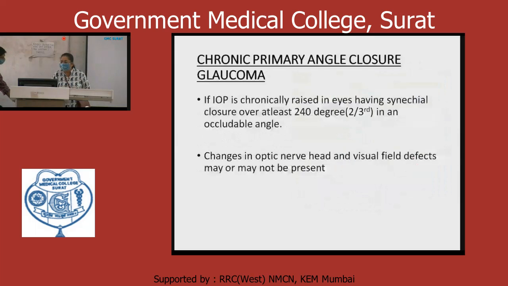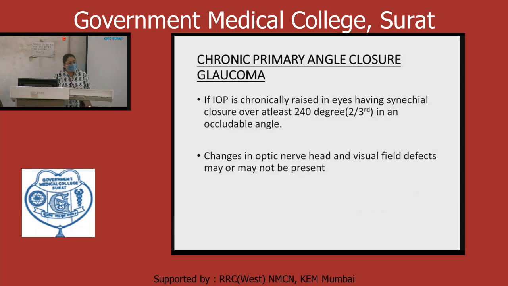Not 240, 270 degrees. A painful eye with less vision is a sequela of untreated recurrent attacks of acute congestive glaucoma. So the patient will have very less vision, severe pain, ciliary congestion, edematous cornea, and a pupil not reacting to light.